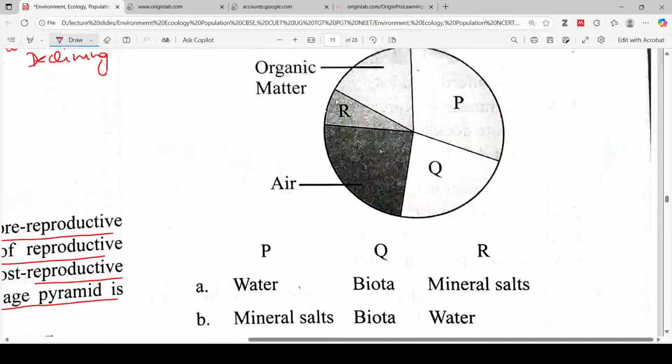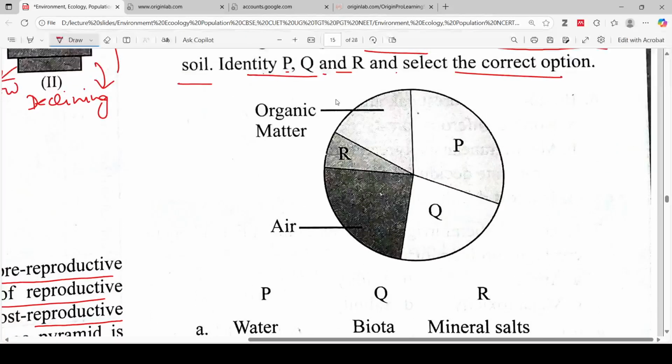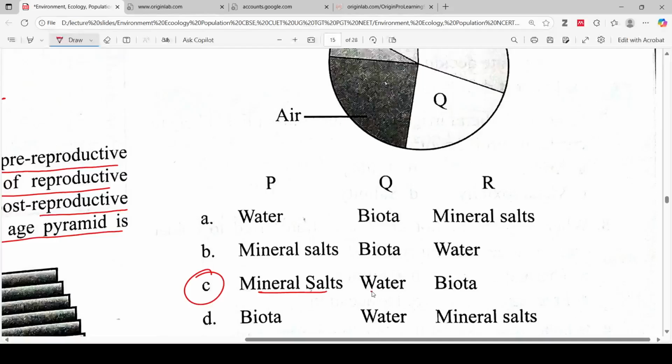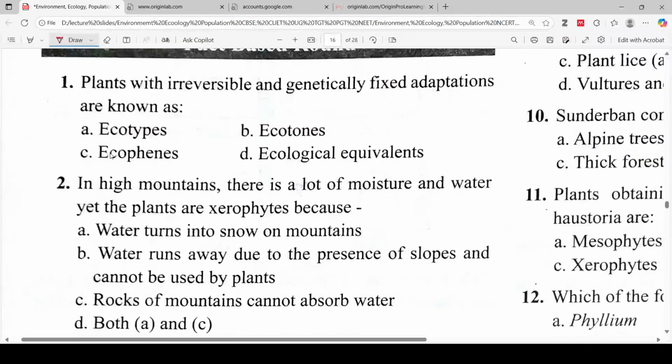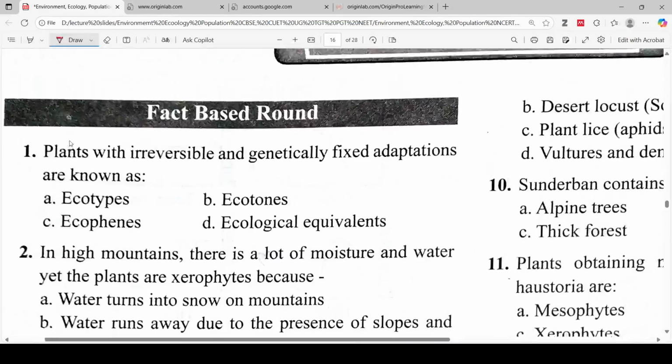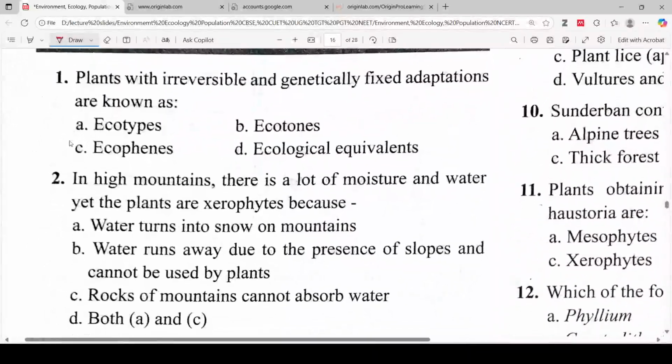So the correct answer will be C. Next question: the plants with irreversible and genetically fixed adaptation are known as ecotypes, ecophenes, ecotones, and ecological equivalents. So the correct answer is ecotypes.